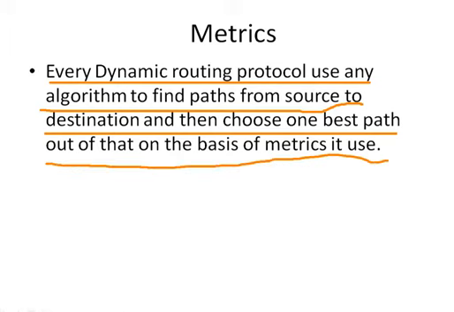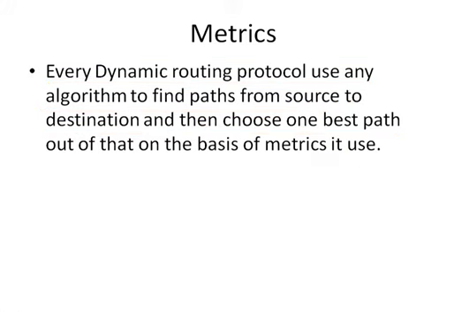As soon as you configure any dynamic routing protocol on the router and connect it to the network, it starts searching for different paths from any source to any destination, and then it chooses one best path on the basis of metrics. Every protocol uses its own parameters, its own metrics, to decide which path is best.